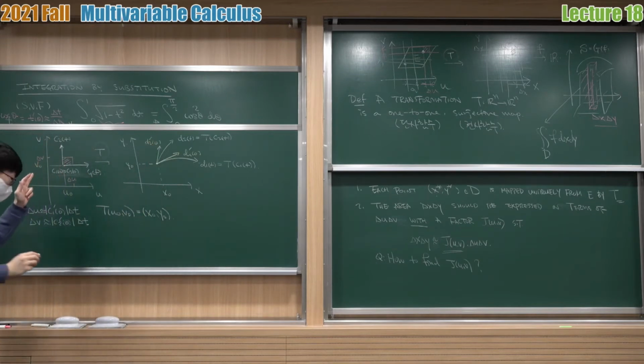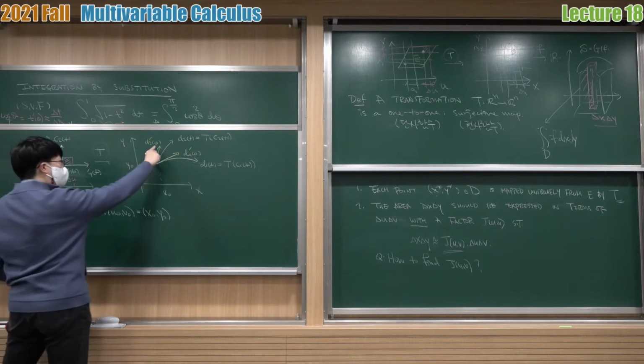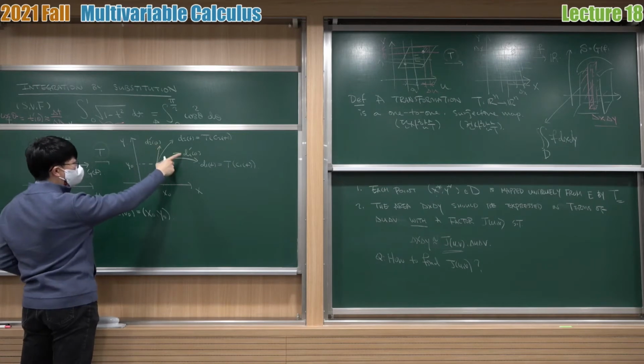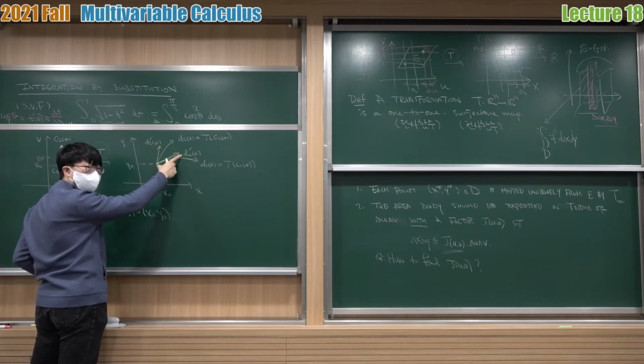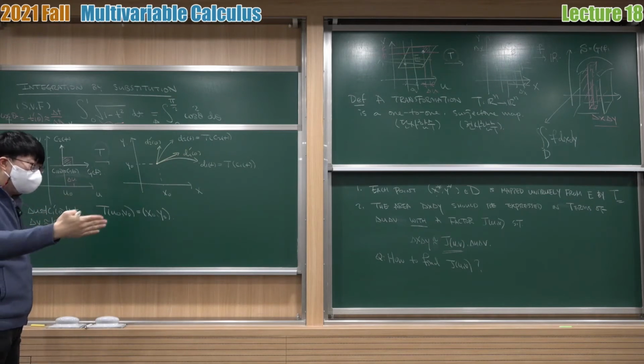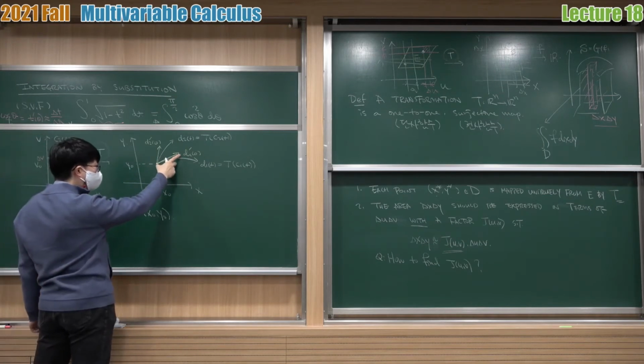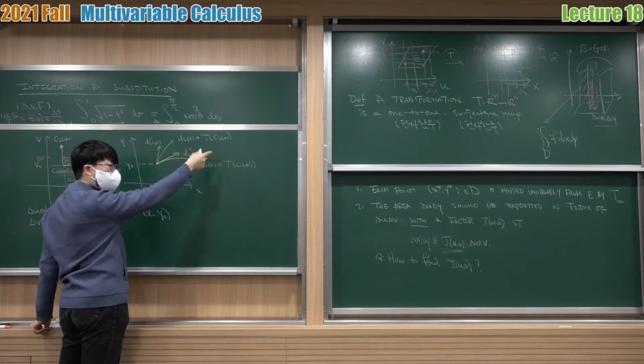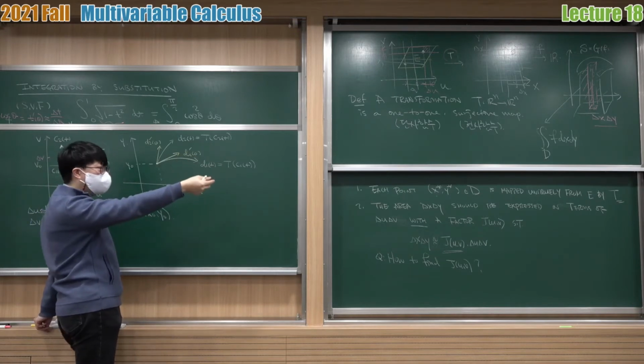If you take delta t amount of time, it will only move by, this is the speed of the initial velocity, so the actual distance you moved is speed times the amount of time.